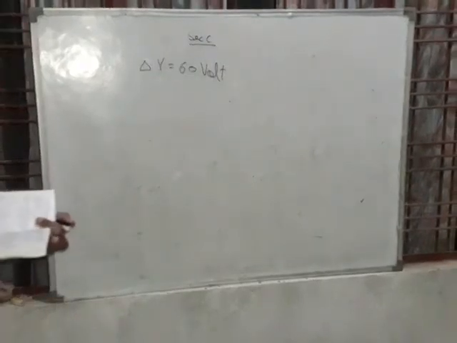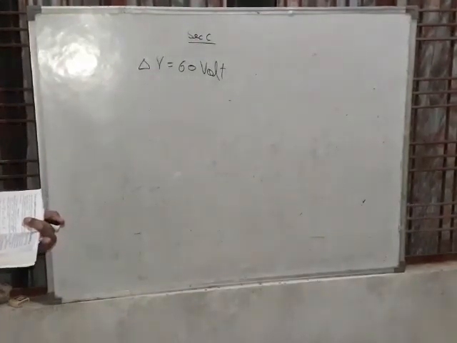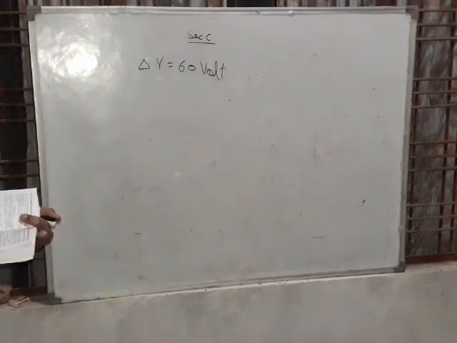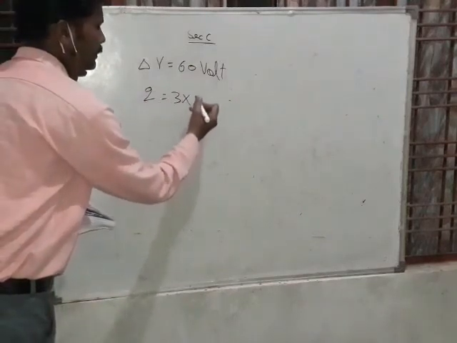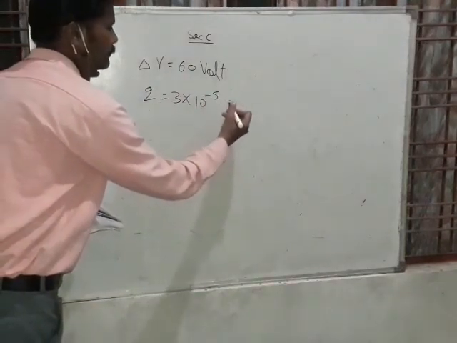How much work is done in taking a charge of 3 into 10 to the power minus 5 coulomb? Charge Q equals 3 into 10 to the power minus 5 coulomb.